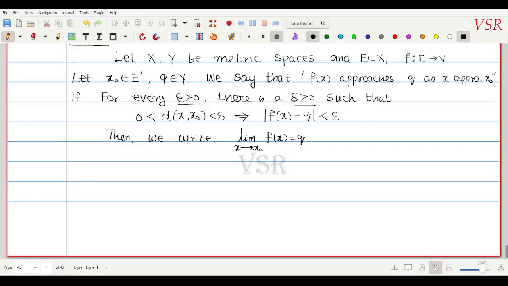Now let me write this for R. Now f is a function from the open interval (a, b) to R, and let x naught be an element of the open interval (a, b), and q an element of R. Then the condition limit as x tends to x naught of f of x equals q holds if and only if, I am going to write the same definition exactly.